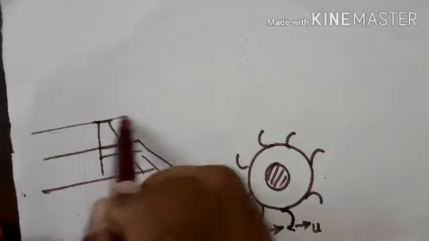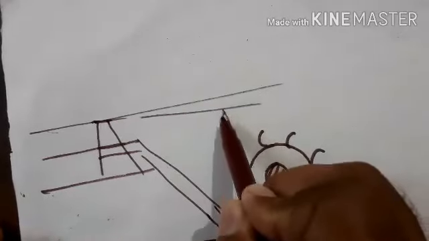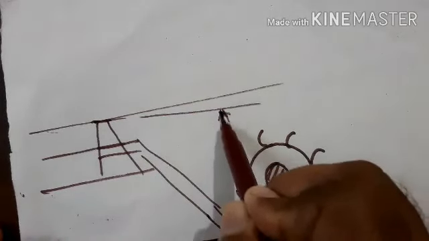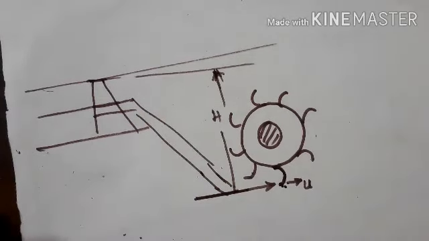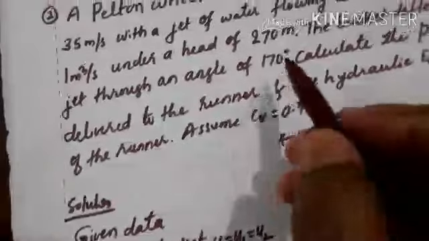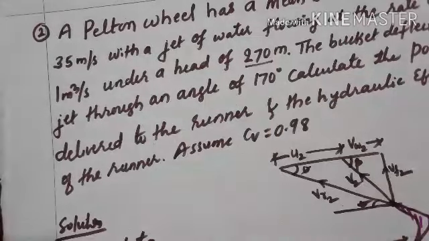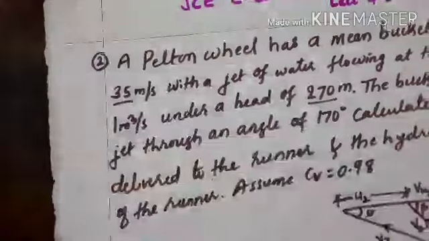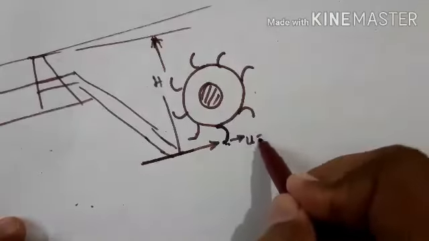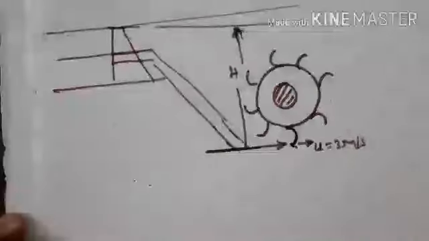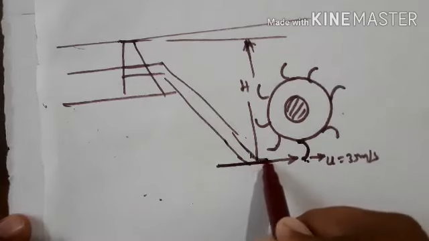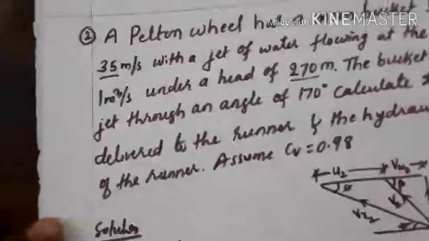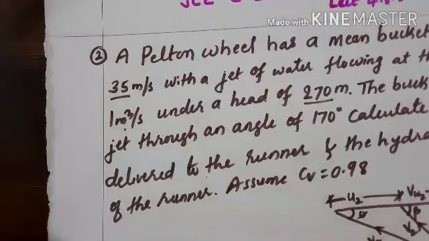So the head available here is the net head H. So in this problem the head available is given, that is 270 meter, and the bucket speed, that is this bucket is moving at a speed of 35 meter per second, and also the discharge, the rate of flow through this nozzle, is 1 meter cube per second. That is also given, 1 meter cube per second.